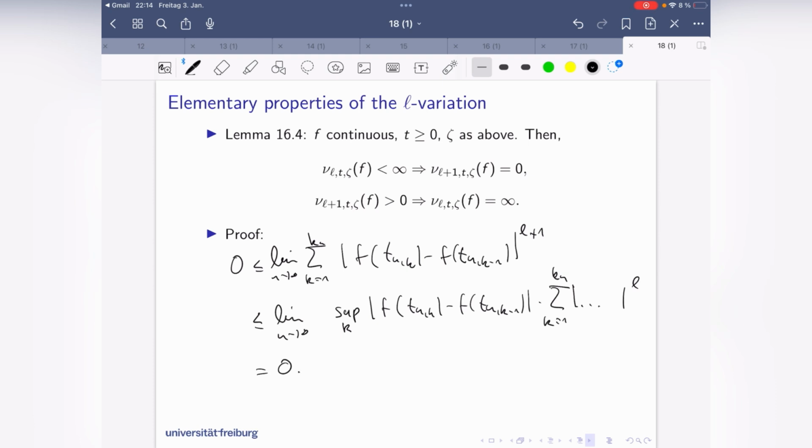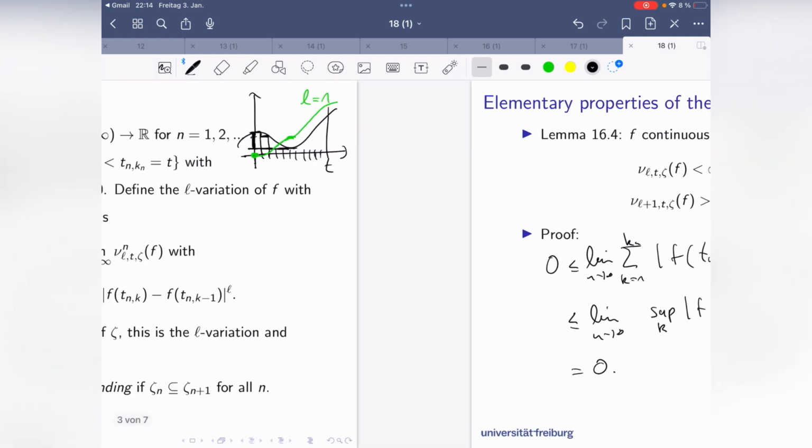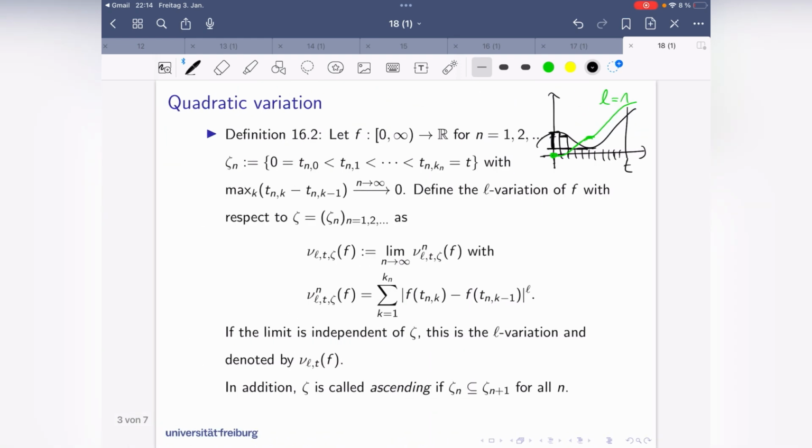Okay, so that was important. That means, for example, so we saw here for this smooth curve here, the 1 variation is finite, which means that the second variation, so L equals 2, the quadratic variation, is going to be 0. So that's a pretty smooth curve, which means we have a finite variation and a 0 quadratic variation.